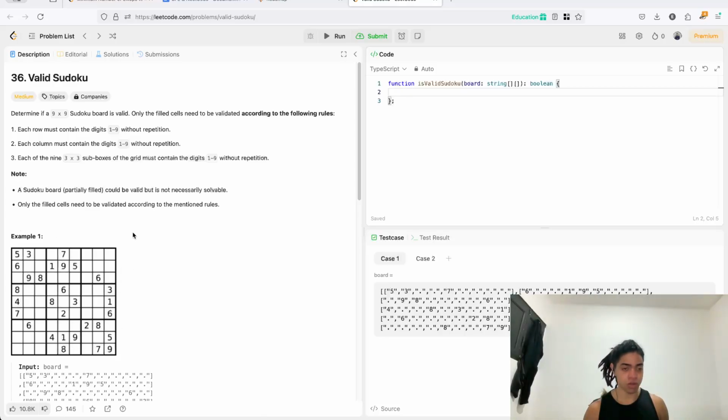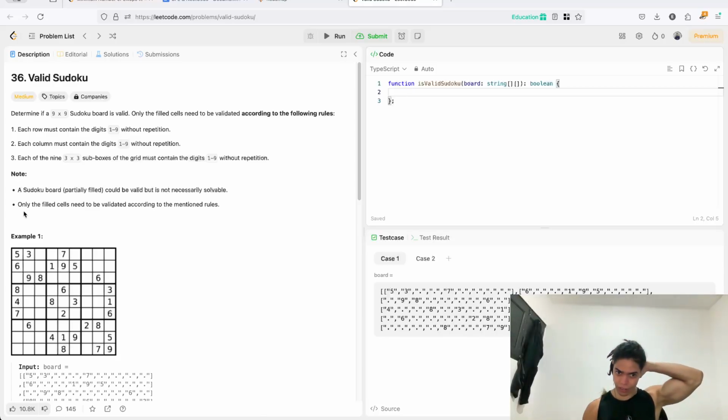Now we want to know which position belongs to this, which is now the 0, 0. We want to know if that is inside of our set. So inside of our set, we're going to store the value there.